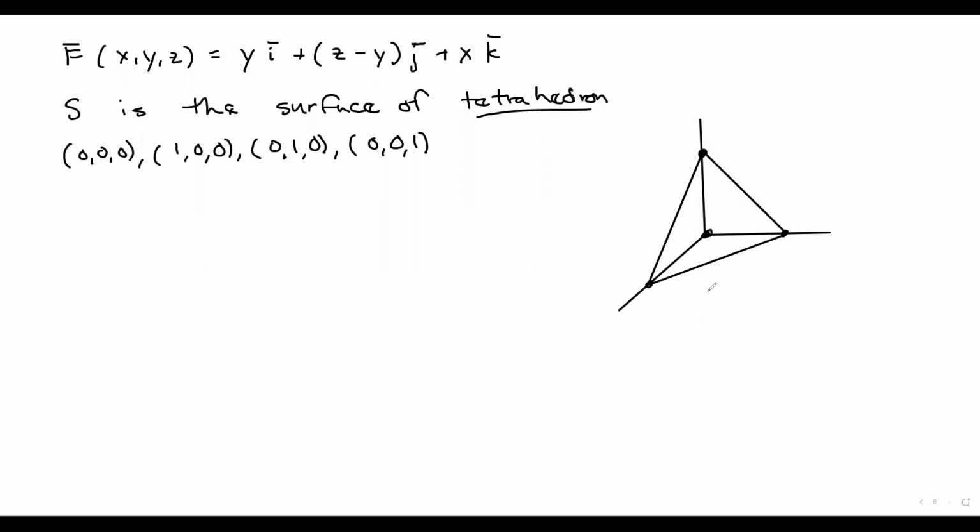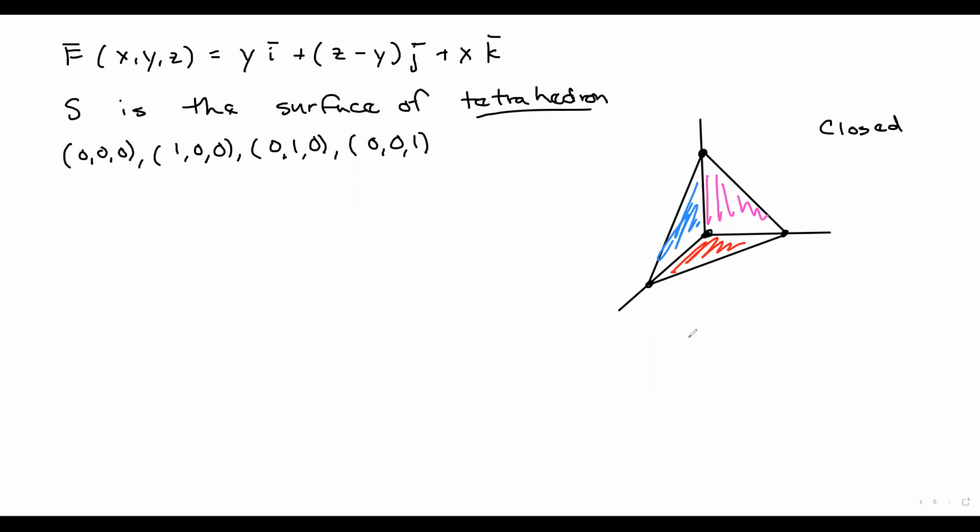Okay, so the thing that makes this problem significantly longer than the previous problems, first of all, is that this is a closed surface. But not only that, it's a closed surface that has 4 distinct sides. We have the bottom here, we have the left side, we have the back, and then I'm not going to draw on it, but we also have the front, the side that's facing us.